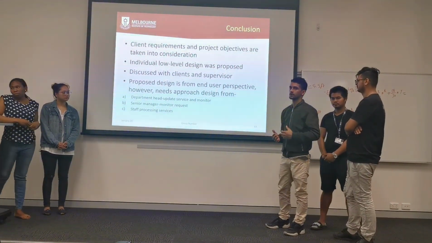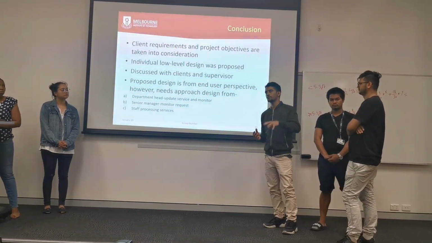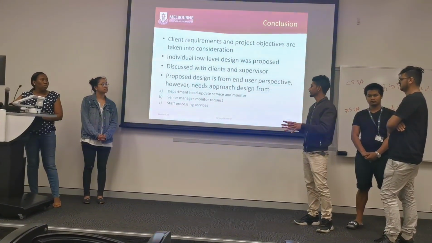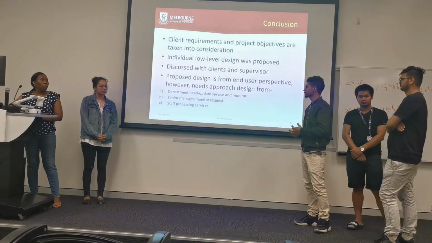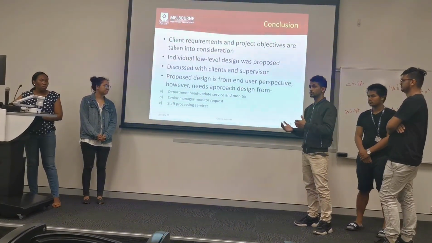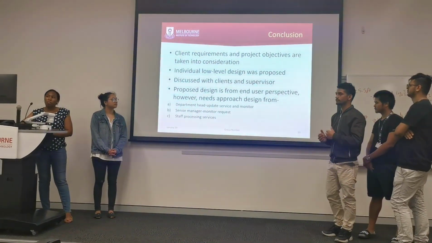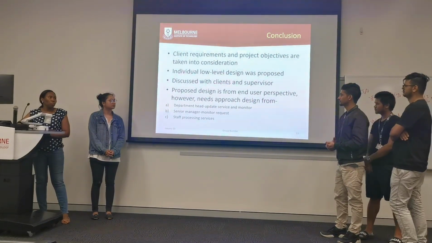Suppose a department has received a request; in every department there will be a selected number of staff responsible for processing those requests. So from this perspective, we need to improve our design. That's our next plan.